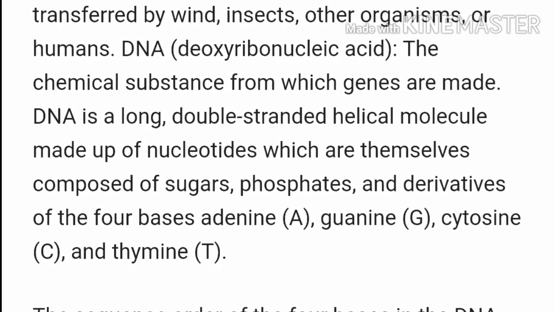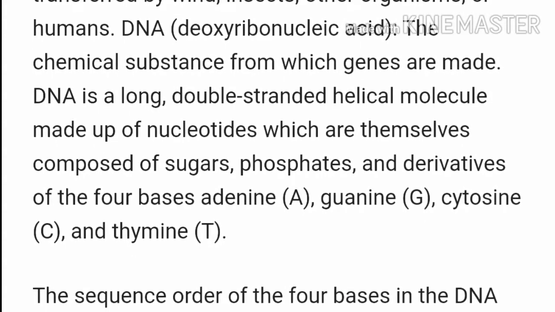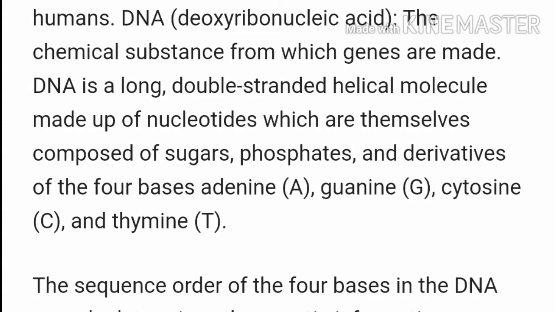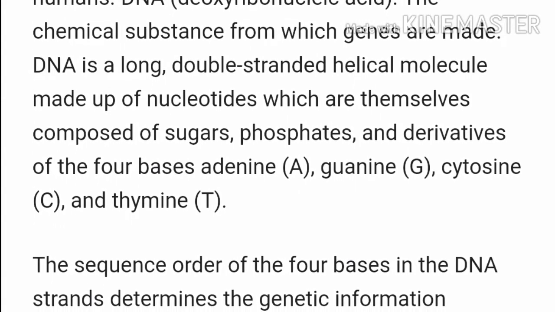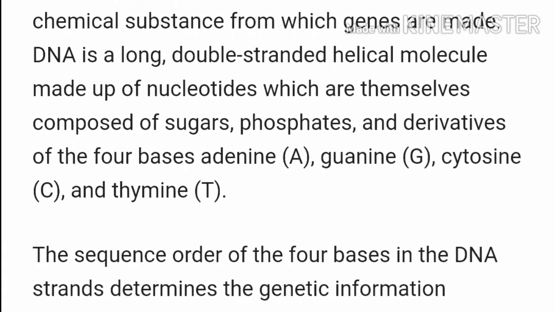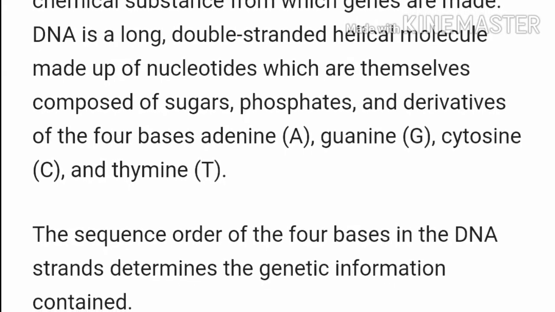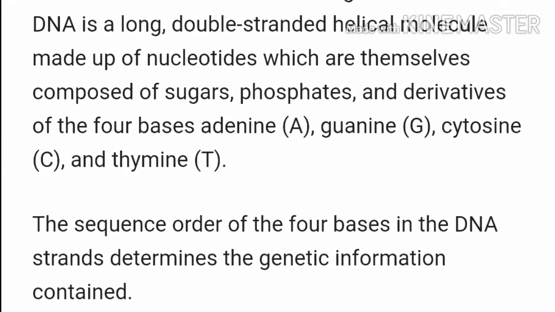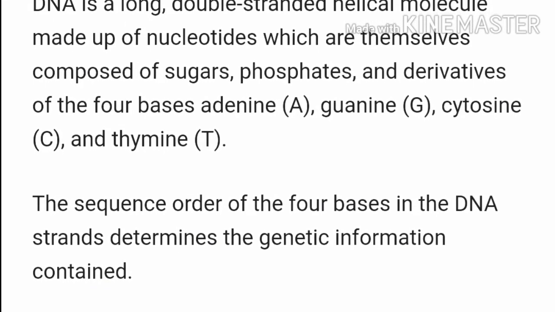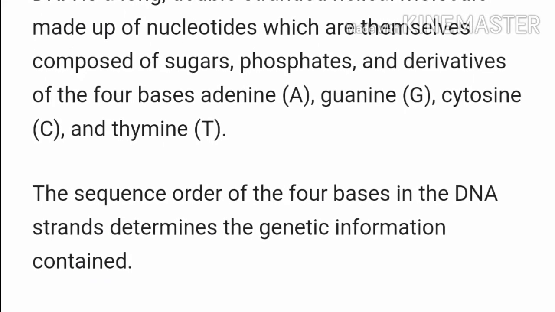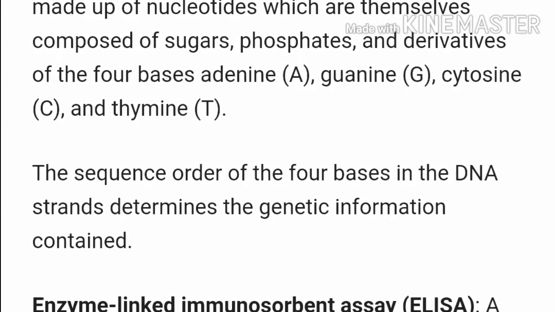DNA is a long double-stranded helical molecule made up of nucleotides, which are themselves composed of sugar, phosphate, and derivatives of 4 bases, that is adenine, guanine, cytosine, and thymine. The sequence order of the 4 bases in the DNA strand determines the genetic information content.